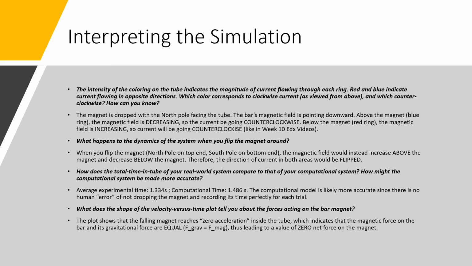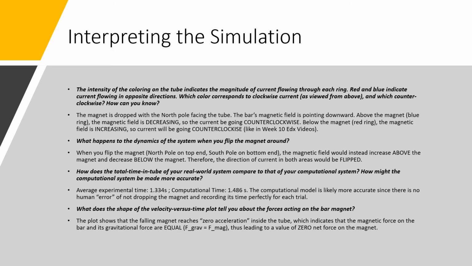Above the magnet, which is a blue ring, the magnetic field is decreasing, so the current is going to be counterclockwise. Conversely, the magnetic field below the magnet is increasing, so current will be going clockwise, and this is represented by the red ring. When we flip the magnet around, the magnetic field would instead increase above the magnet and decrease below the magnet. Therefore, the current in both areas would be flipped.